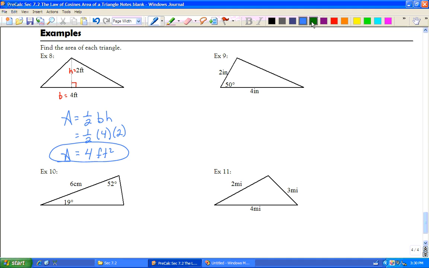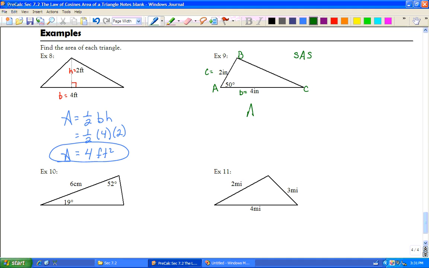Okay, let's take a look at example number 9. What we're given here is side, angle, side. So that means we're going to use our oblique triangle formula. And if you want to label all your sides, you can do that. So let's say this is A, B, and C. So 2 is side C, and B is equal to 4.